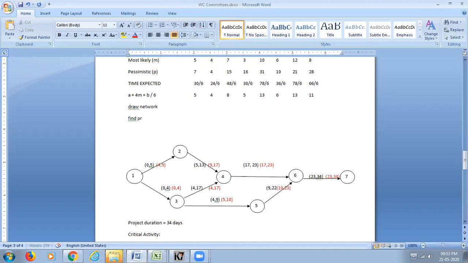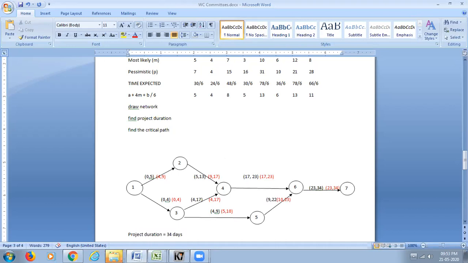Then find the critical path. After this, the next major important question is find the total float, free float, and independent float.